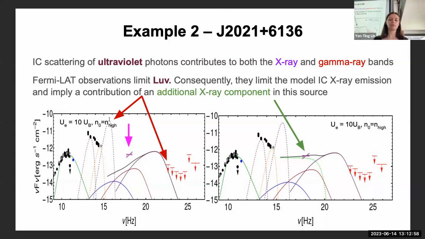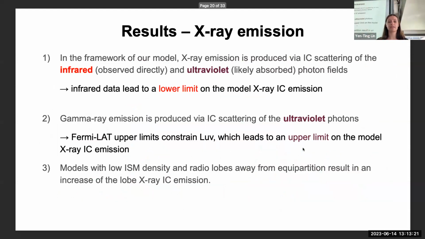If we increased the UV emission, which is not directly observed and is one of the parameters we can change in our model, we would overproduce the gamma emission. So we know that we require another X-ray component, which is not connected to the radio lobes.